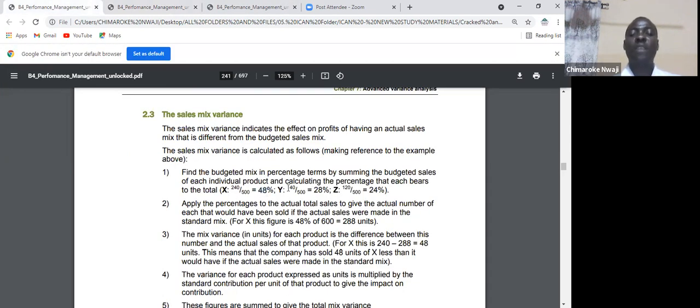Then 140/500 looks like 14/50, or 28/100, which is 28%. Z, of course, is 24%.